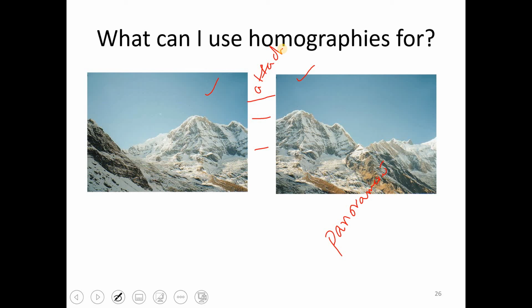Because both of these photos are taken from a different angle. So for example, this is the camera. One photo is taken from this angle, another photo is taken with maybe a very small difference, but a little bit different angle. That little bit different angle makes such a change.